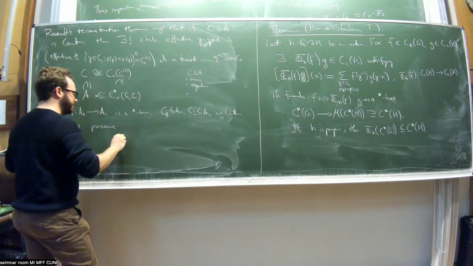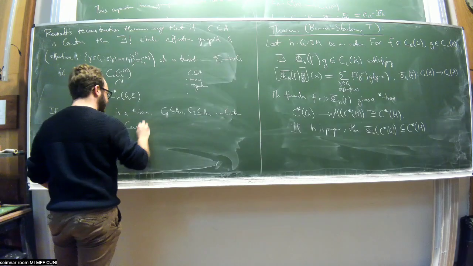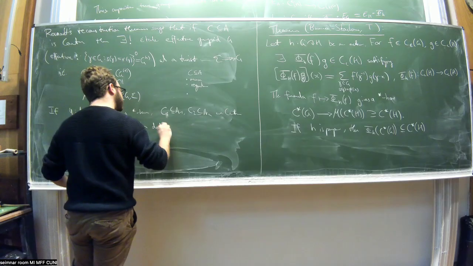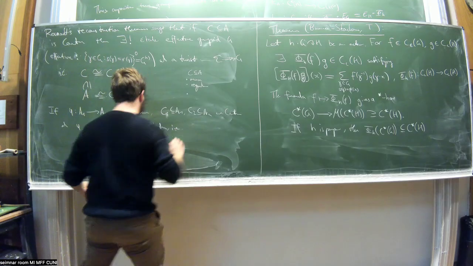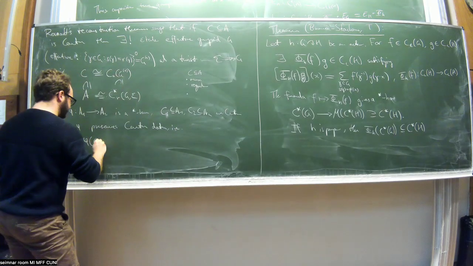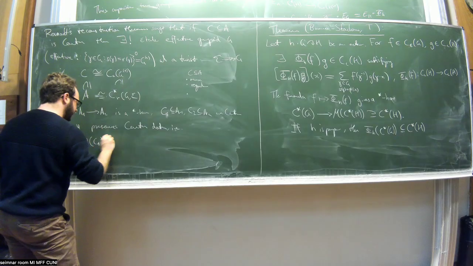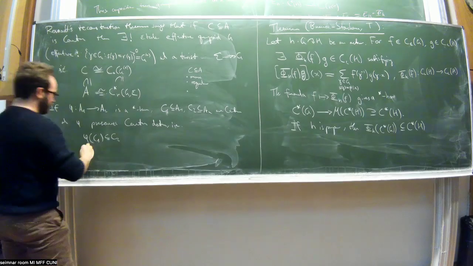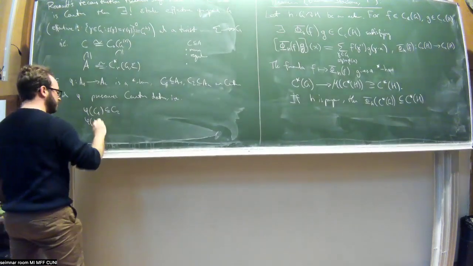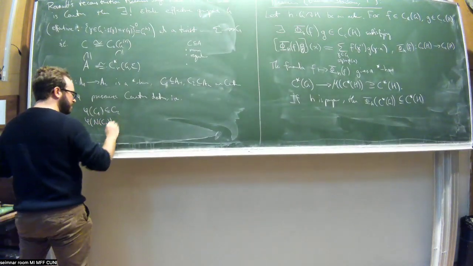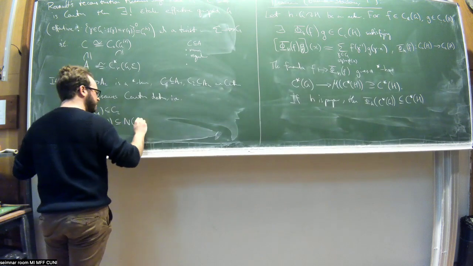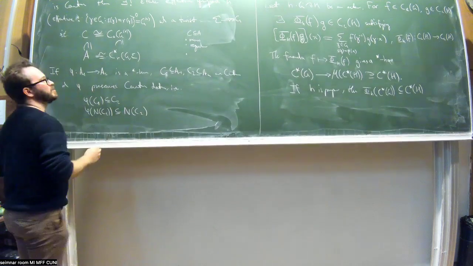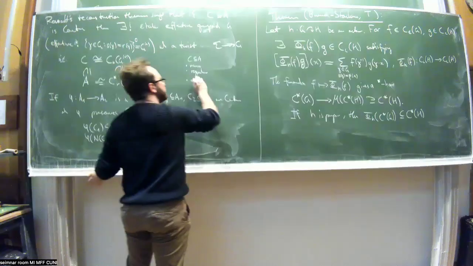So if phi preserves the Cartan data, i.e. the image of the subalgebra lands in the other subalgebra, a normalizer gets mapped to a normalizer, and what else do I have? I have these conditional expectations.